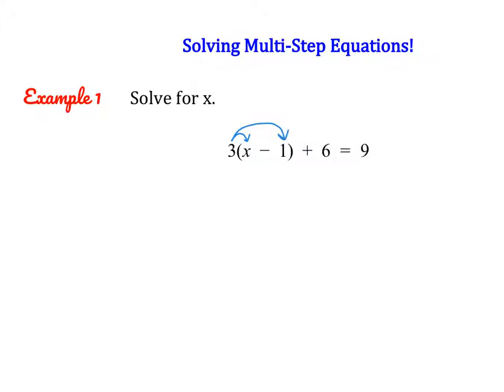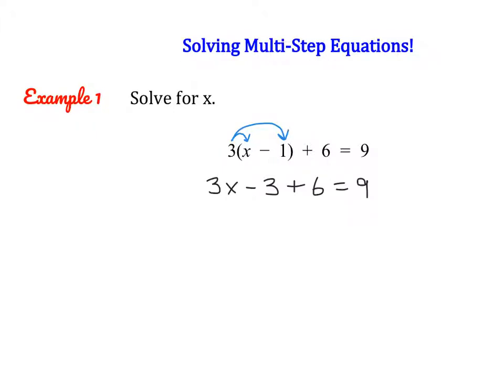I do want to point out that you do not distribute the 3 to the 6 because the 6 is not inside the parentheses. 3 times x is 3x. 3 times negative 1 is negative 3. The rest stays the same. Now we're going to use something that we talked about yesterday.